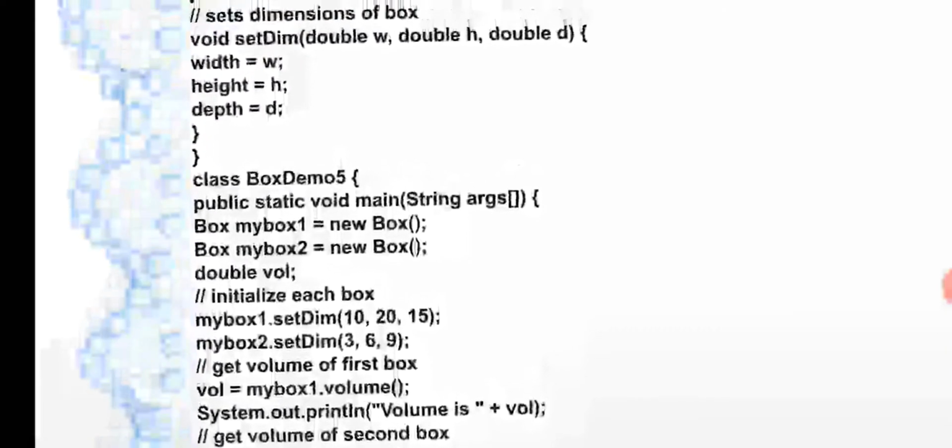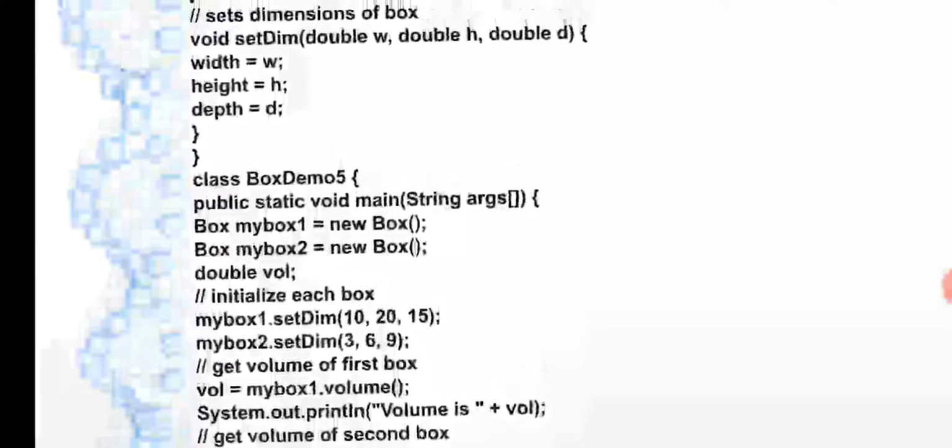The same 10, 20 and 15 will sit in w, h and d. You have to think like that. Whenever you pass values from the main method, the same values will sit in the method definition, in the parameter list positions, and the same 10, 20 and 15 will be initialized to the width, height and depth variables.